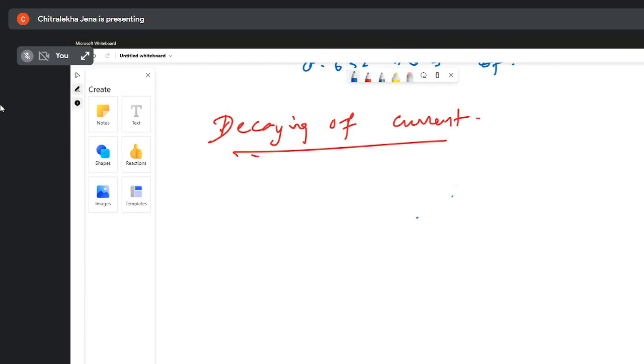Where you are not able to understand my handwriting, tell me. This is your R. This one is L. Now this is position 1.